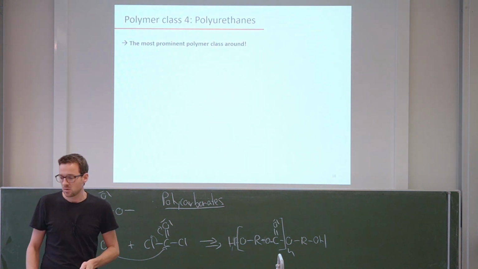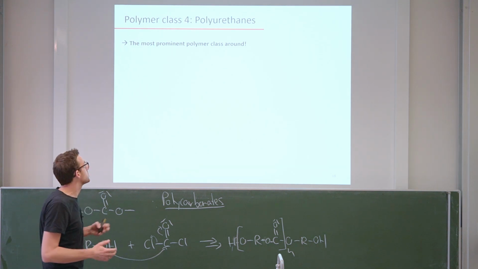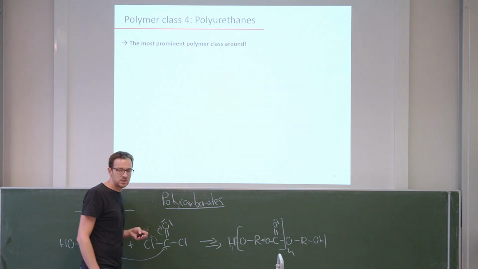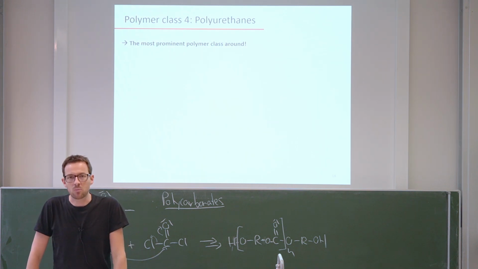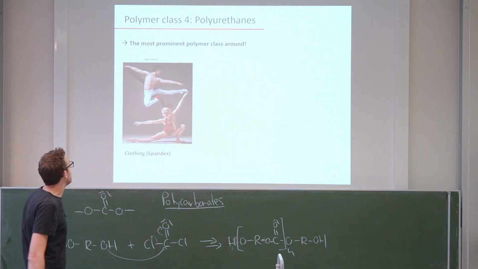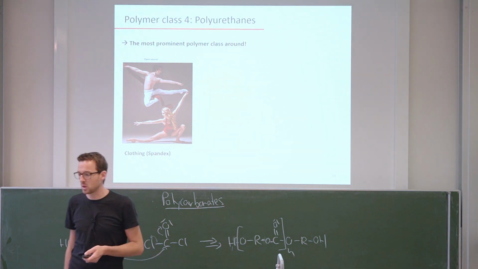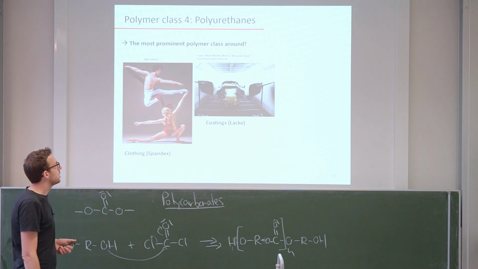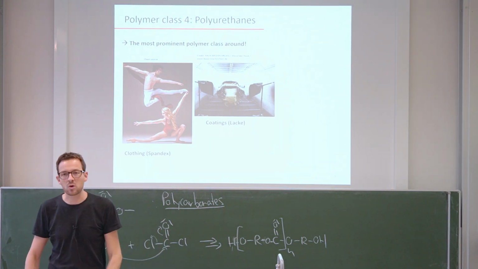The next class, polyurethanes. And this is probably the most widespread polymer class that exists. So it's very versatile. And examples of where we find polyurethanes range from clothing, especially spandex, so your Speedos are made from polyurethane, to coatings, so any coatings in the automotive industry.